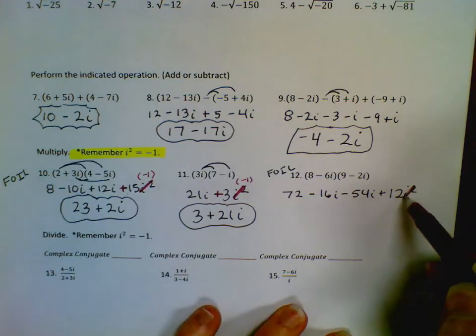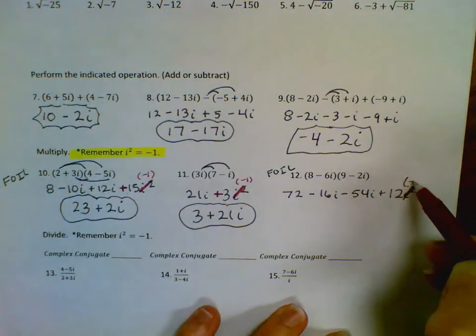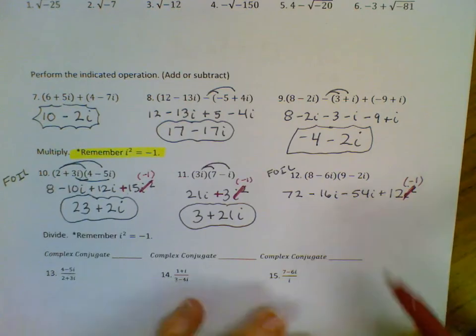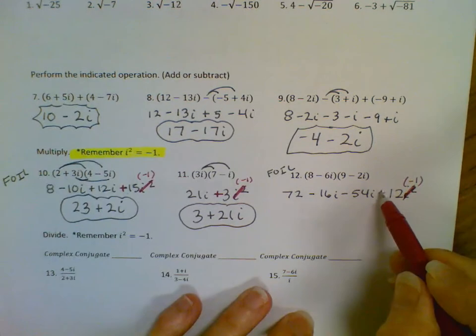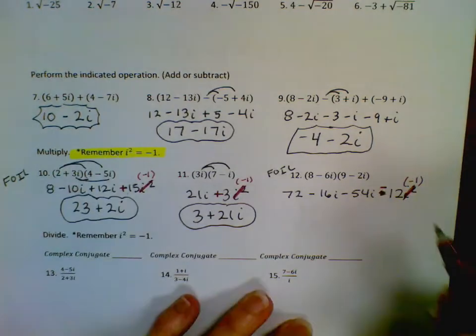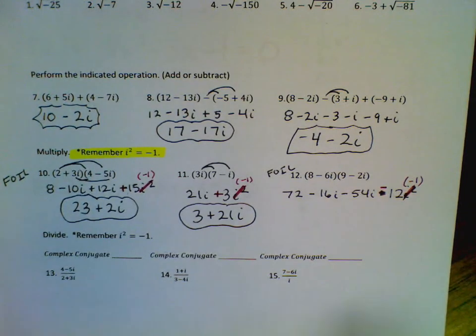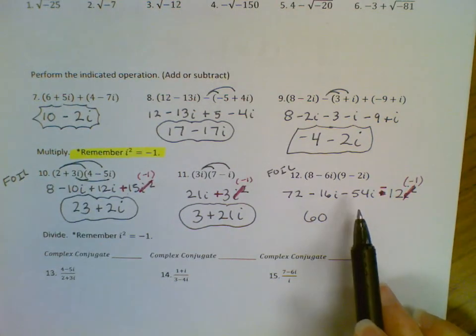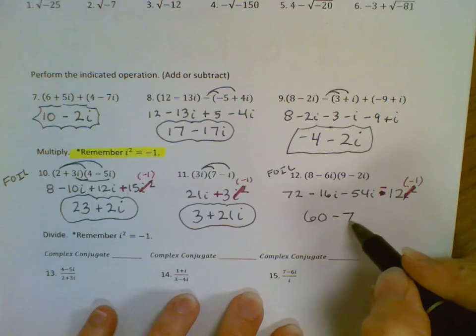Here's that i squared again, that's a -1. Now this one is a +12 to begin with, so that's actually going to change to a -12. So 72 minus 12 is going to give me 60. And then -16 minus 54, that's going to be -70i.